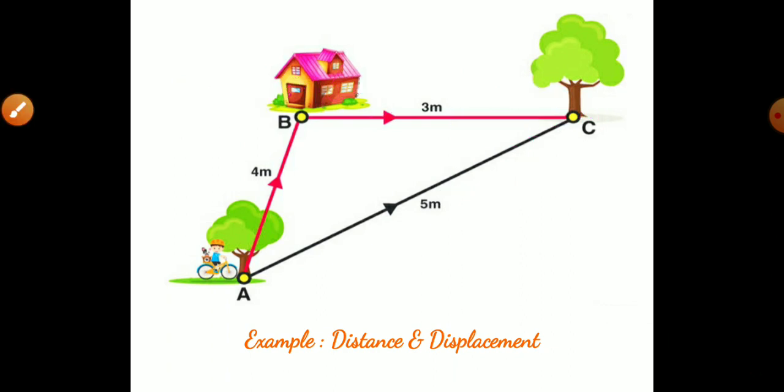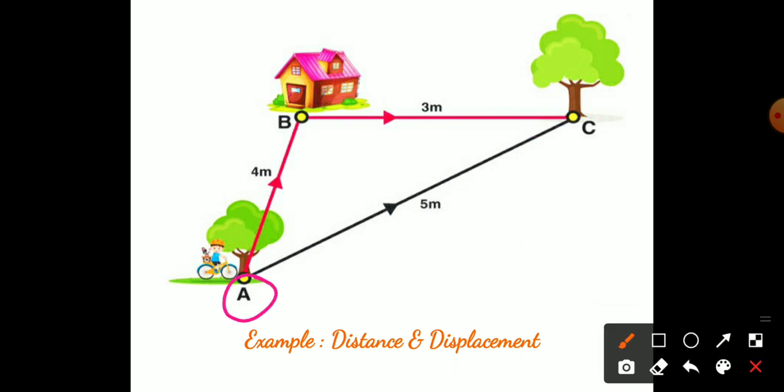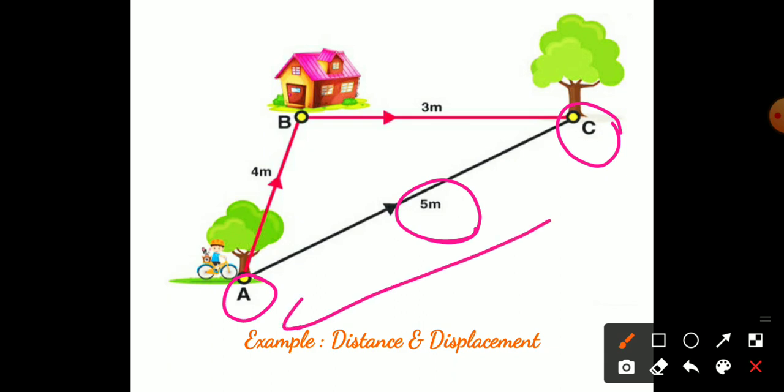Initial point was A. What is the final point? It is point C. So what is the shortest distance between the initial position and the final position? It is 5 meter. That means 5 meter is the displacement. But 4 meter plus 3 meter, that is 7 meter, is the distance.